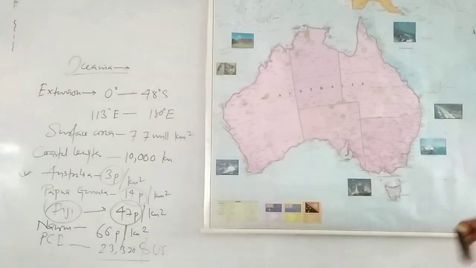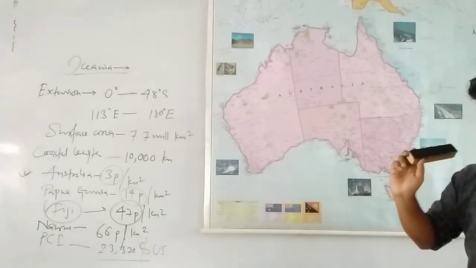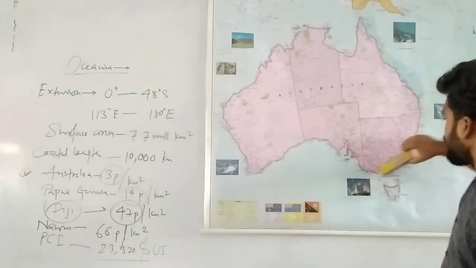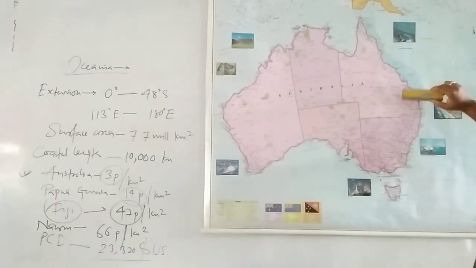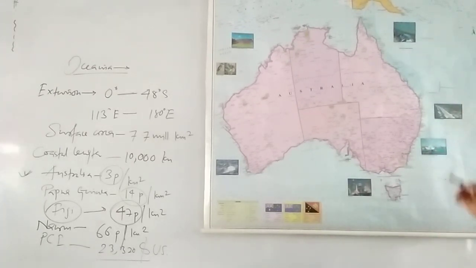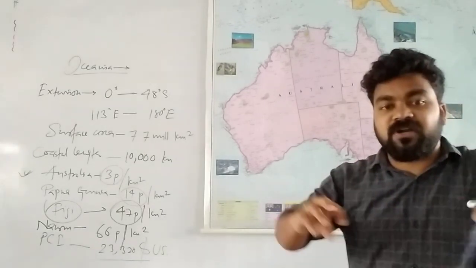We have already discussed Melanesia and Polynesia. Generally this part is called Melanesia, and Micronesia is another. Micronesia is small, a group of islands. And this whole part is called Polynesia, which includes the Tasman Sea and the South Pacific Ocean. In the Polynesian part, a large part is water body.